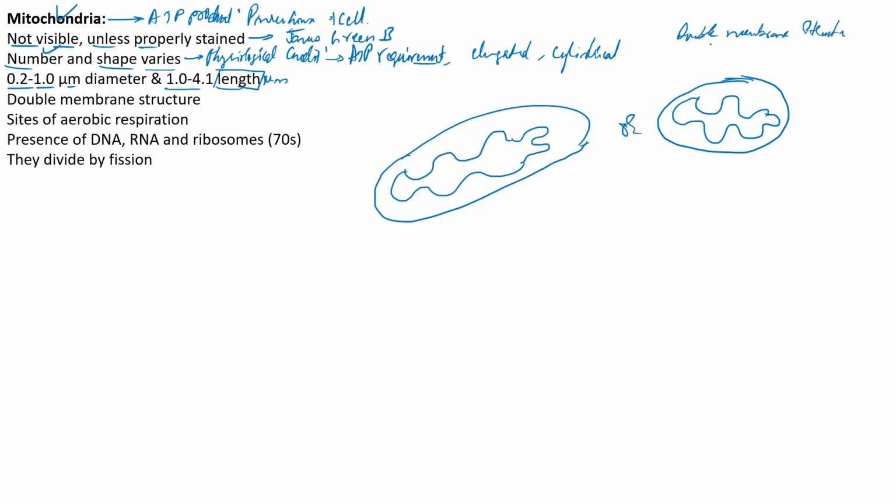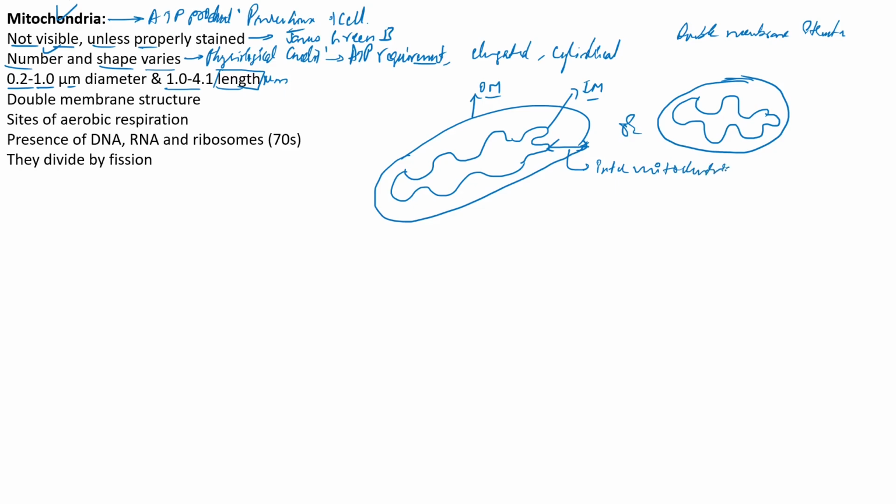Double membrane structure in the sense you have one outer membrane, and the next one is the inner membrane. The gap between the outer and inner membrane is called the intermitochondrial space.